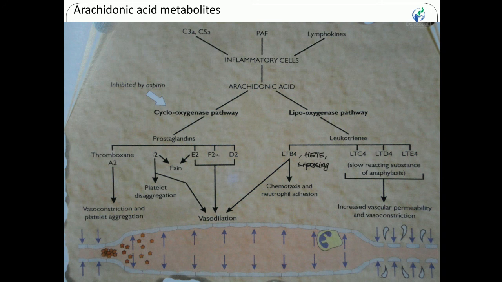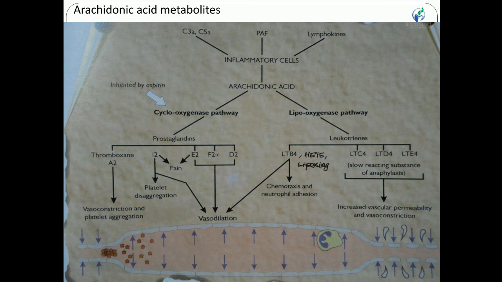Once any cell undergoes damage due to certain kinds of stimuli, it releases arachidonic acid from the cell membrane. Now, the released arachidonic acid may opt for any one of these two pathways. First, the cyclooxygenase pathway. Second, the lipoxygenase pathway.